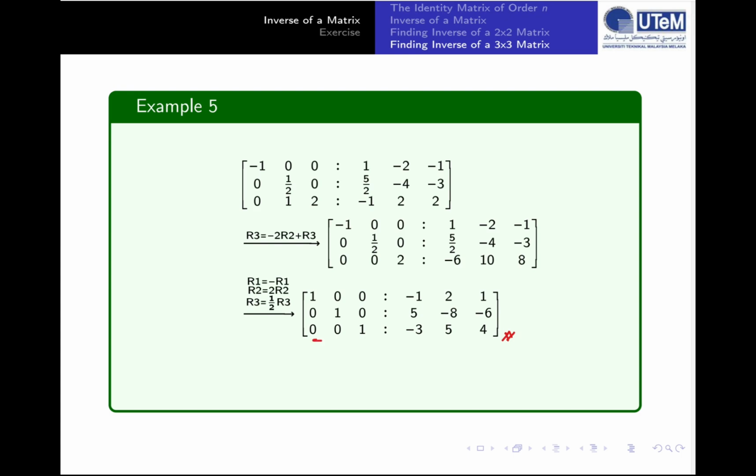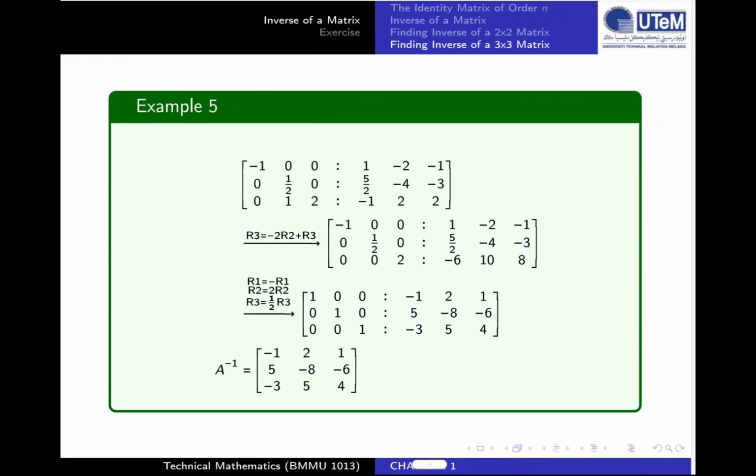Since the left hand side becomes the identity matrix, the right hand side becomes the inverse of matrix A. Therefore A inverse equal to negative 1, 2, 1, 5, negative 8, negative 6, negative 3, 5, 4. So that is the answer for example 5.